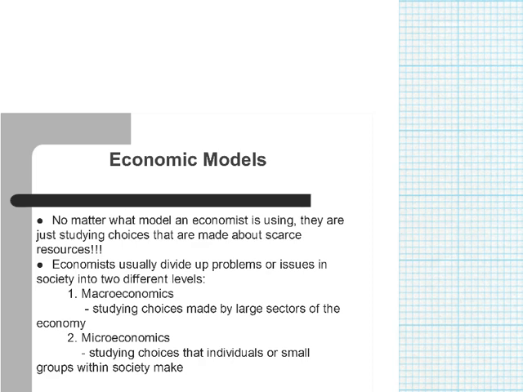Now, not all economists agree on solutions to problems, right? And so we can divide up problems into different ways or different levels to study them a little bit more effectively. Okay, so you will actually see in economics that there are some problems that we look at that are called macroeconomic problems or decisions, okay?